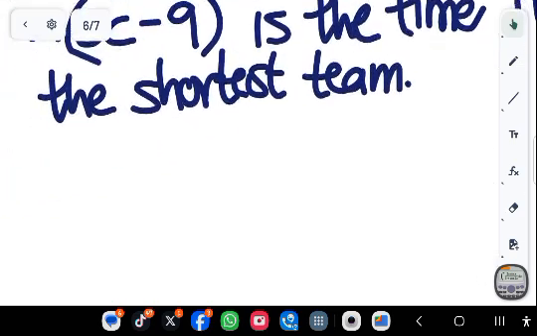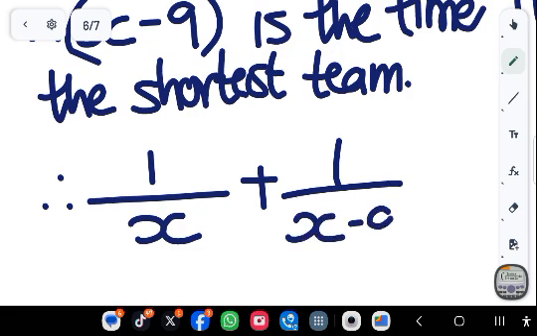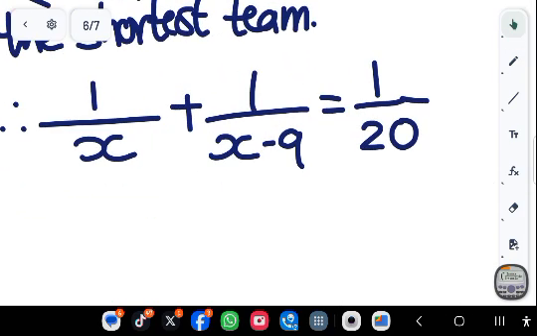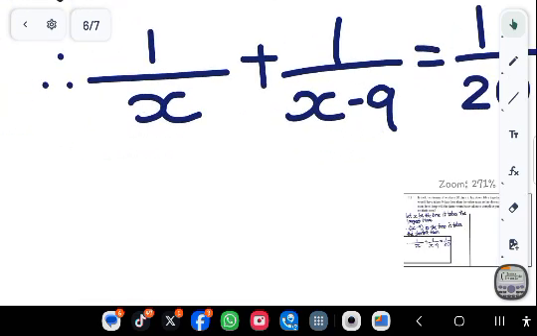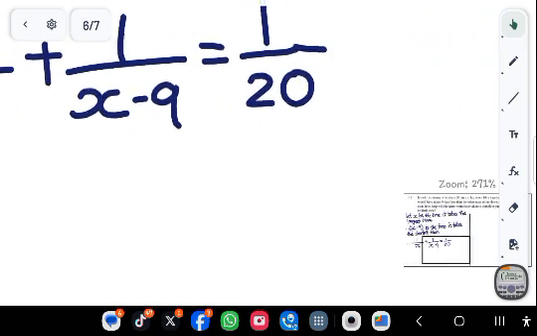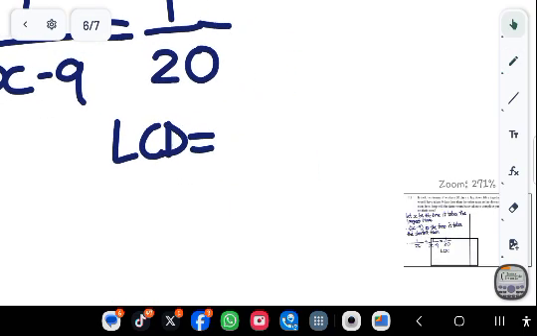All right, and this is how you work questions like this. You go 1 over the one plus 1 over the other one equals 1 over the time both of them take together. This is how you structure problems like this, and then you solve. This is a fractional equation, so step number 1, find the LCD, the lowest common denominator. It is very easy.